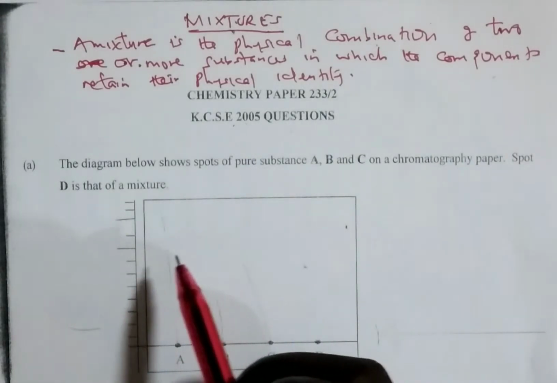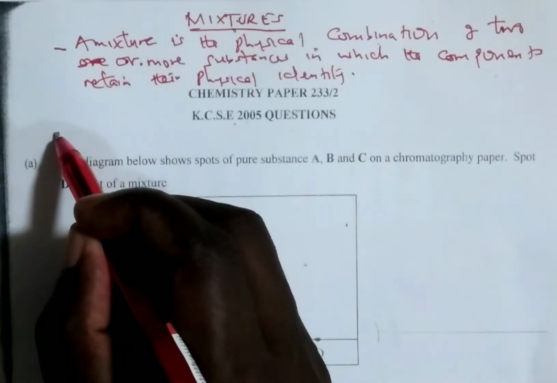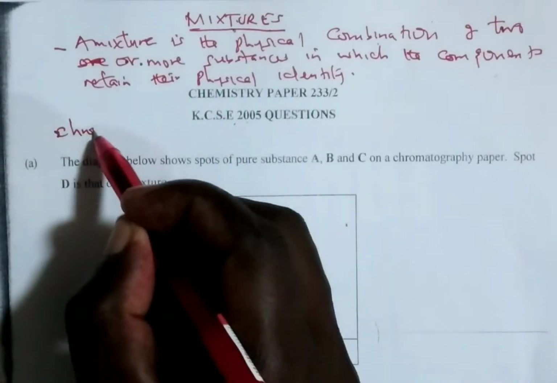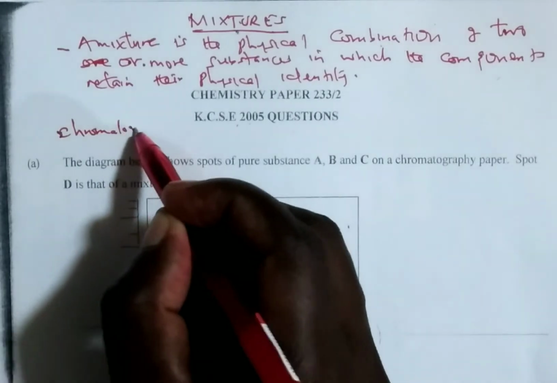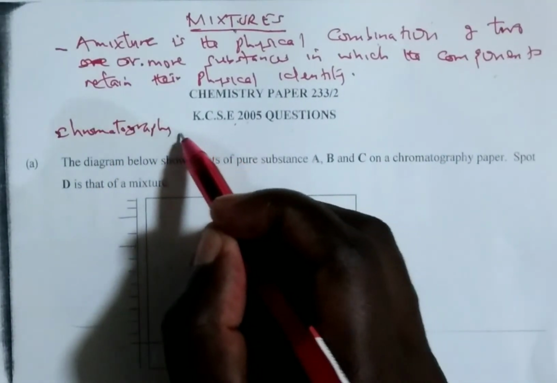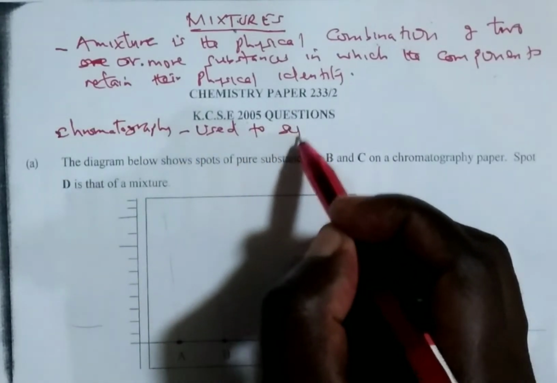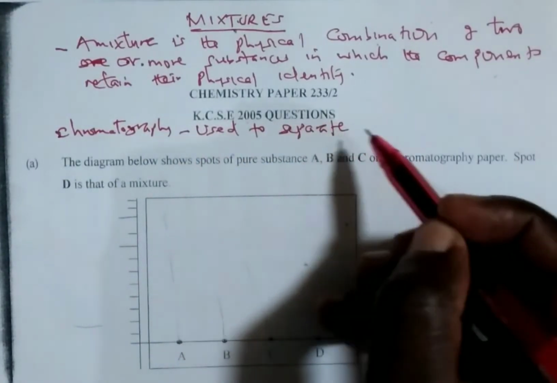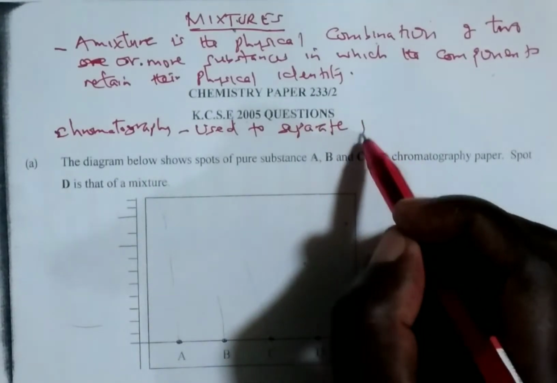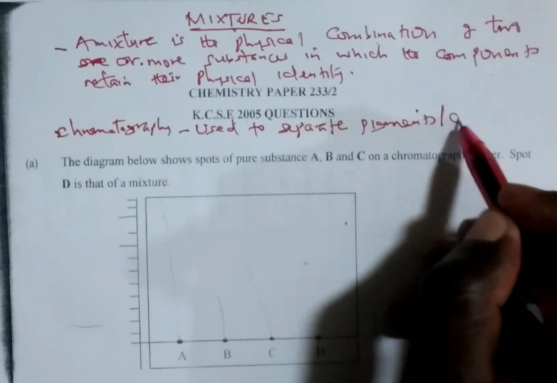One of the methods that we use to separate mixtures is what we call chromatography. Chromatography is a method used to separate pigments or colors.